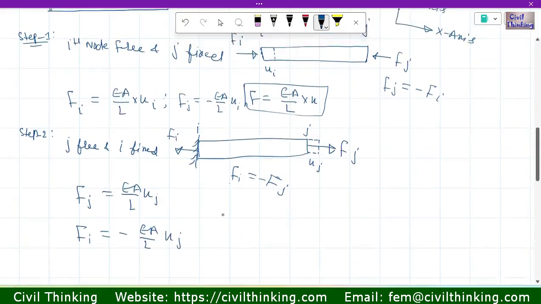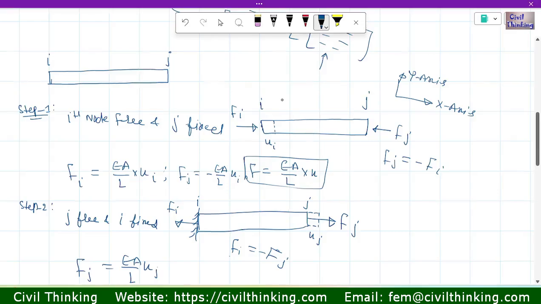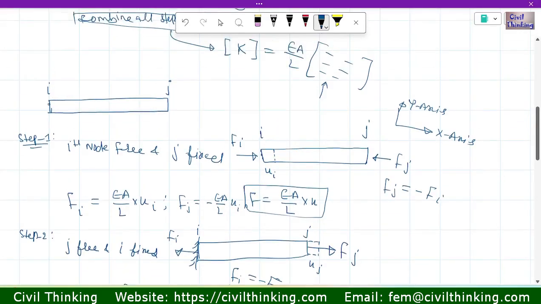So what was the total degree of freedom here? This is node 1, this is node 2. In a bar, a rod, a 1D element, there is only one possibility of motion, because when we apply a force, the node can move only in the direction of the force. So there is only 1 degree of freedom at one node. There are 2 nodes, so what will be the total degree of freedom?